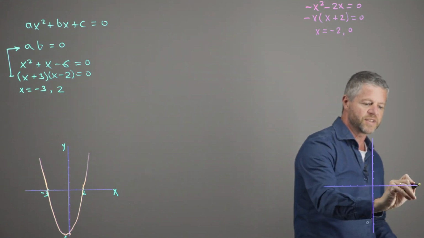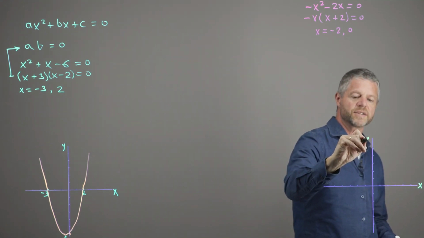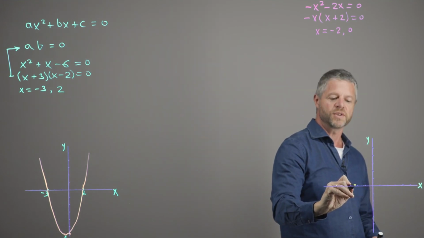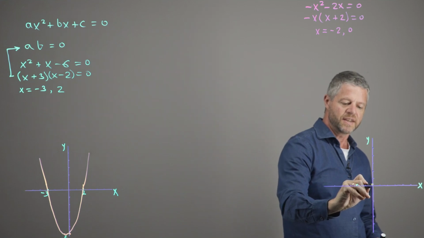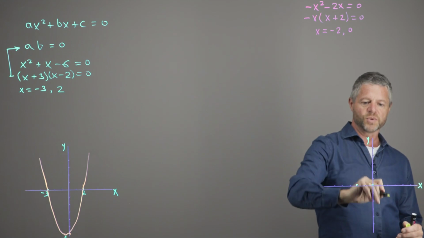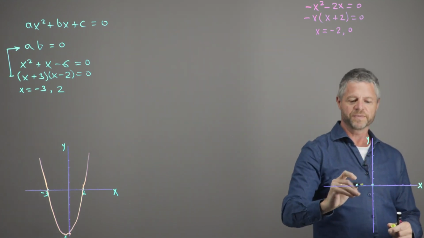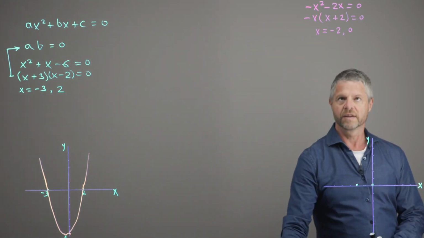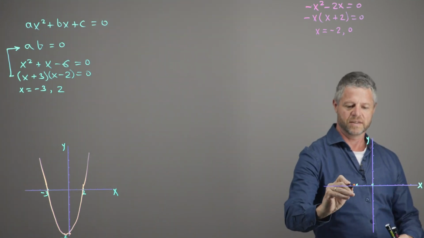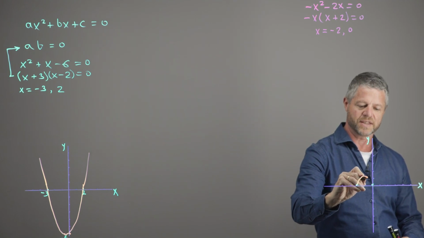So again, if this is the x-axis and this is the y-axis, and we've got 0, minus 1, minus 2, it's going to cross here, and it's going to look more like this kind of shape.